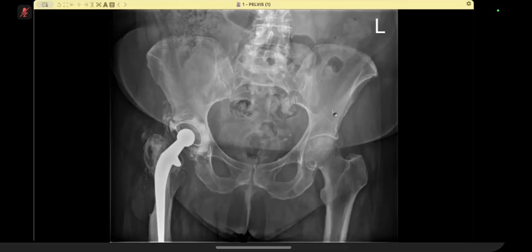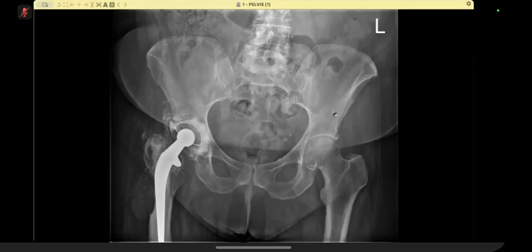I can see that there are multiple opacities involving the lateral portion of the right hip joint, which could be because of complications of the right hip joint. I'm not getting the name of that.